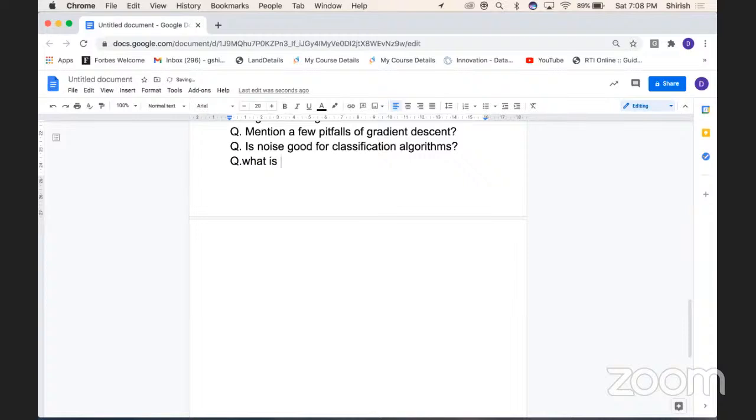What is CNN? Convolution neural network. What are the components, or I would like to know the typical layer components, architecture of CNN.